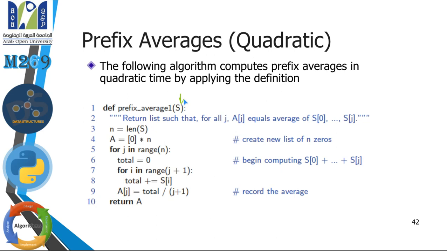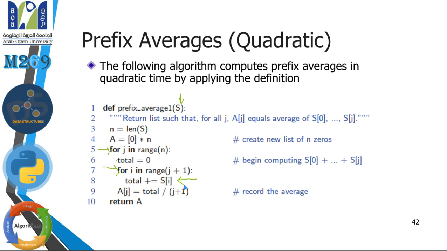This function has one for loop, and has the total here. Another for loop, so this is a nested loop. It will consider total plus equal s i, which means total equals total plus s i, and then a j equals total divided by j plus 1. So what we care about here is this line of code.